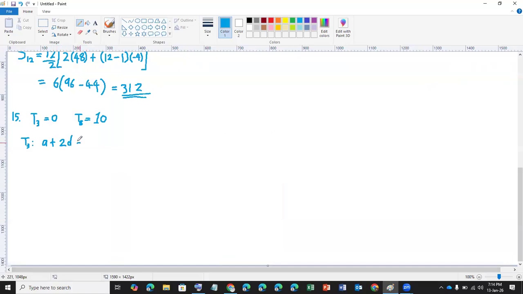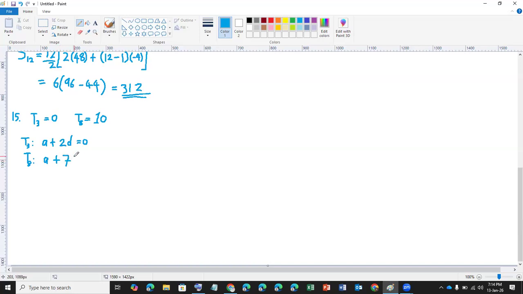Yes. So the next one is T8, which is A plus 7D, which is equal to 10.